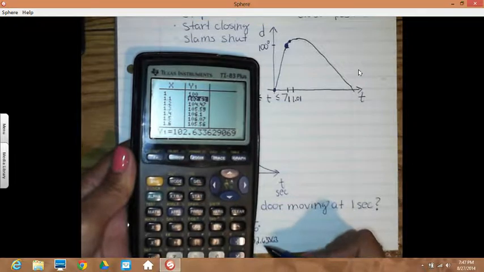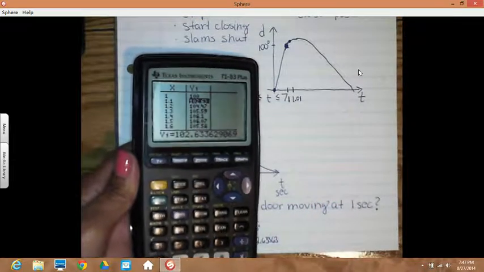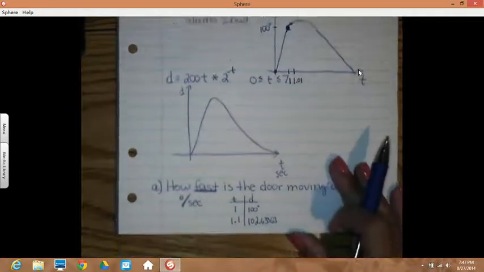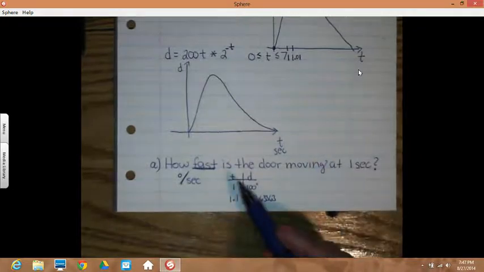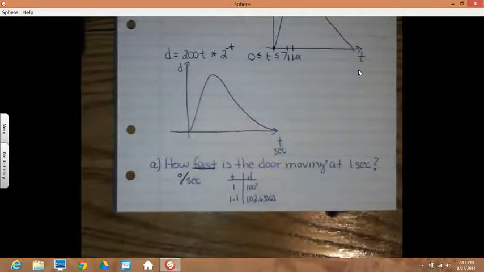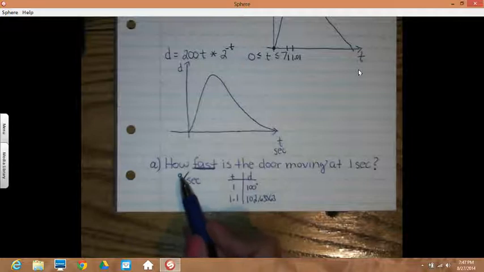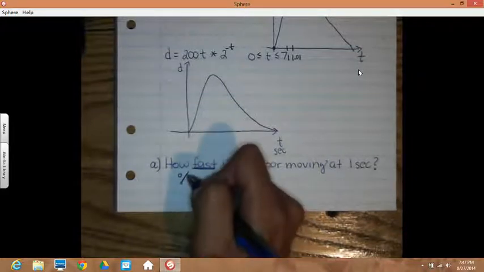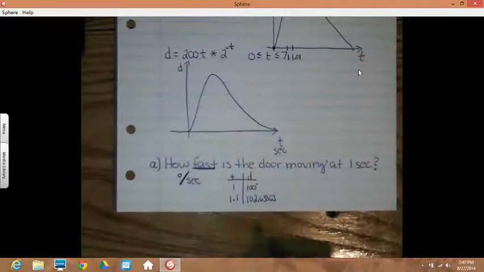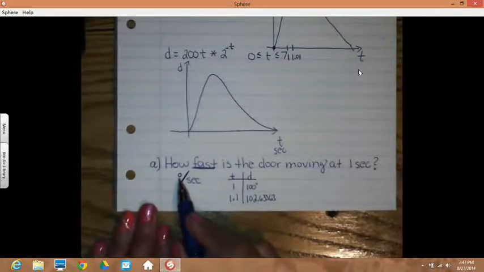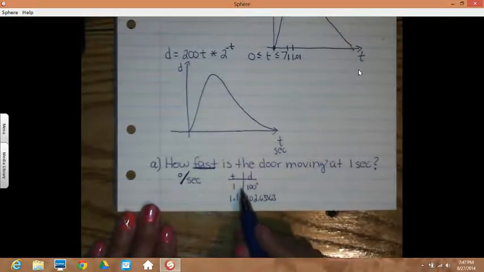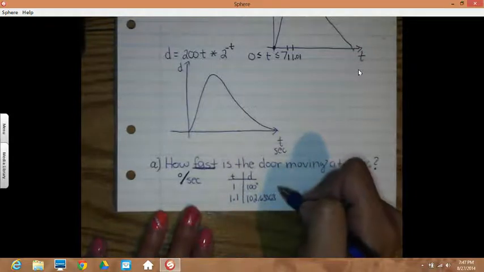Okay, so now that I've got these 2 points, how can I turn those into a rate for me? Well, we talked earlier that it would be degrees per second. Per is you're just dividing. So what I want to do is take, well, how many degrees did it pass through from 1 to 1.1? All I have to do is subtract these 2 things right here.